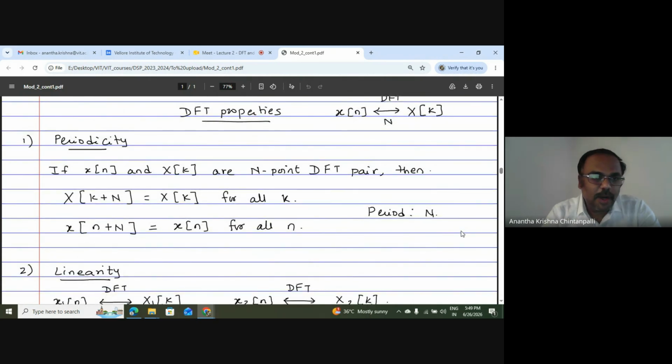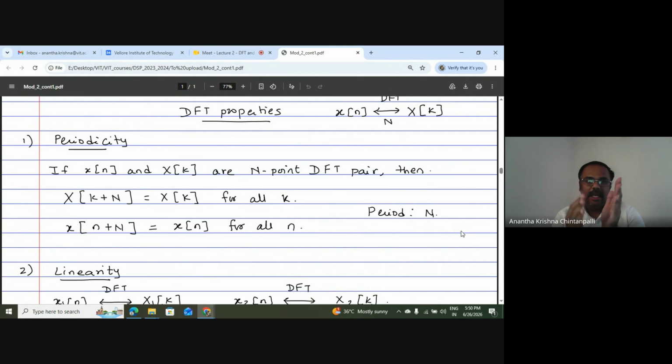The first property is periodicity. If x of n and X of k are an N-point DFT pair, then capital X of k plus N is equal to capital X of k for all values of k. Similarly, little x of n plus capital N is equal to x of n for all values of little n.